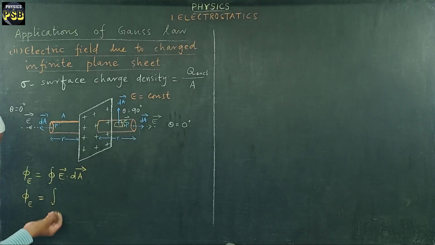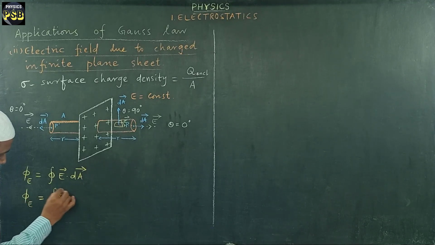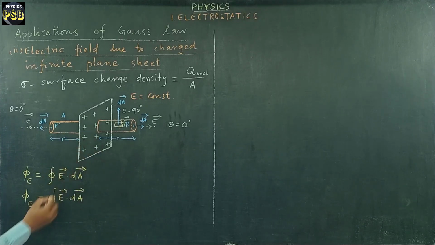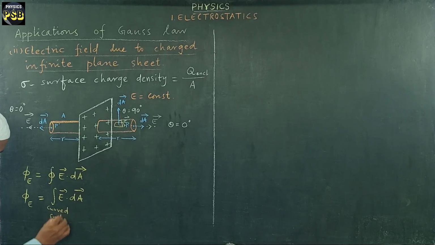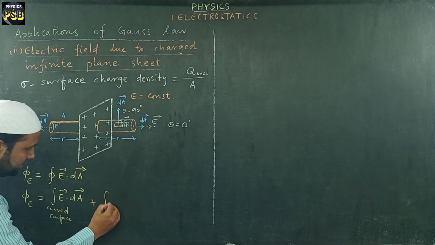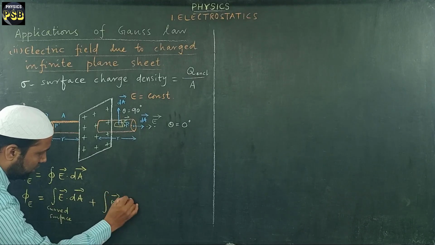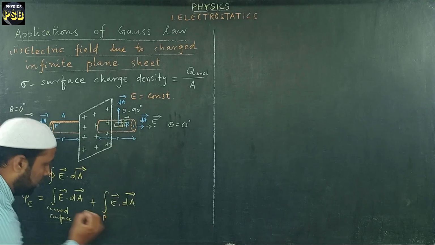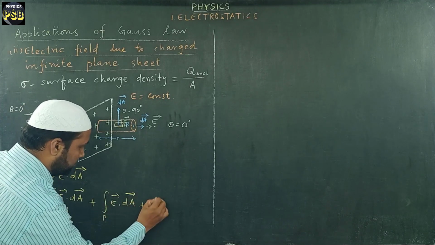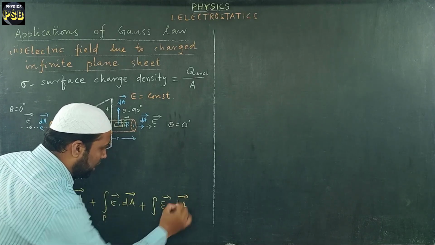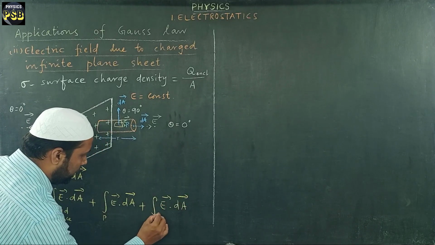Integral of E vector dot dA vector for the curved surface, plus integral of E vector dot dA vector for point P, plus integral of E vector dot dA vector for point P dash.